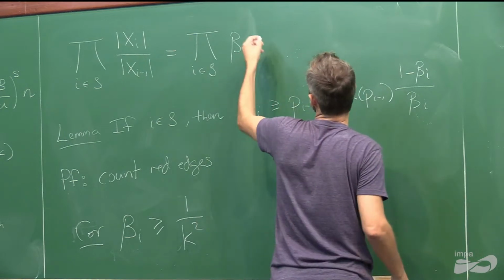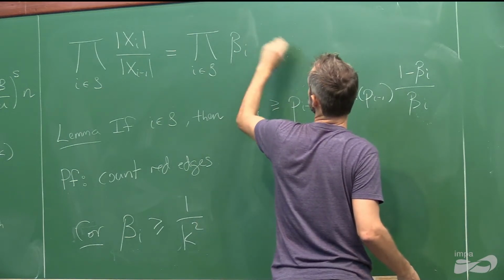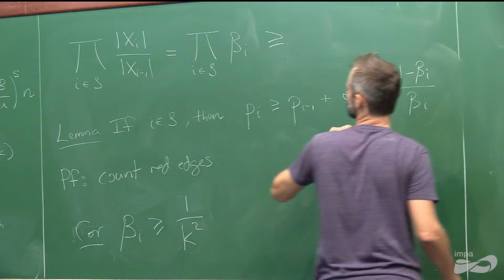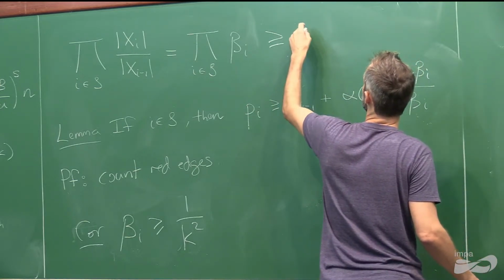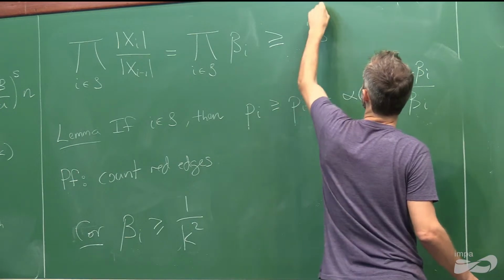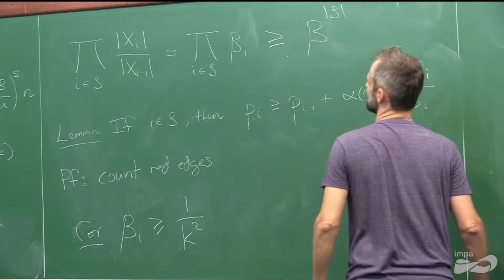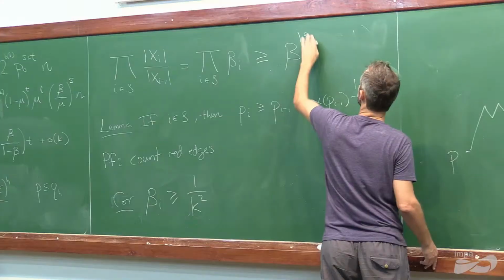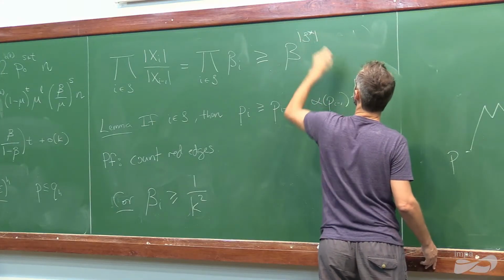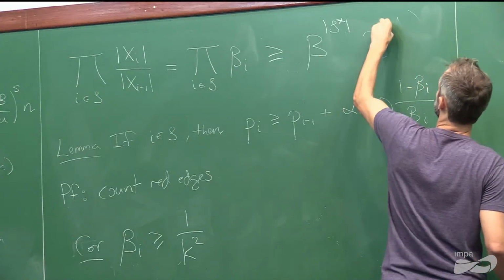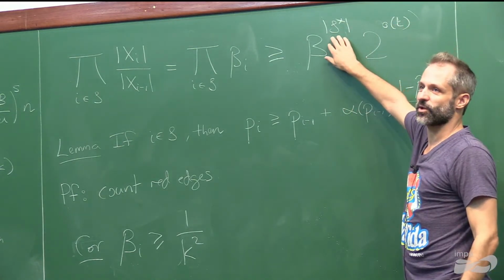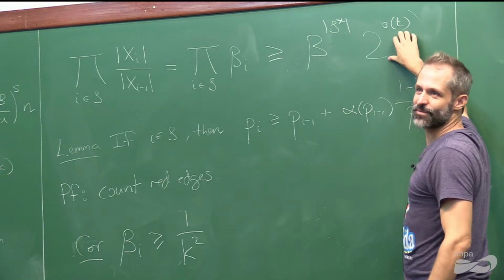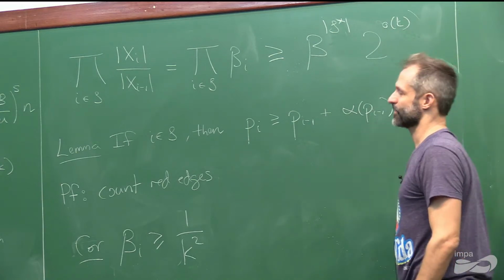Here we're just going to use AM-GM, if I got it the right way around. Show this is at least basically b to the size of S star, and then 2 to the little o(k) for things that are not in it. So these are the typical guys, and then the atypical guys don't matter.